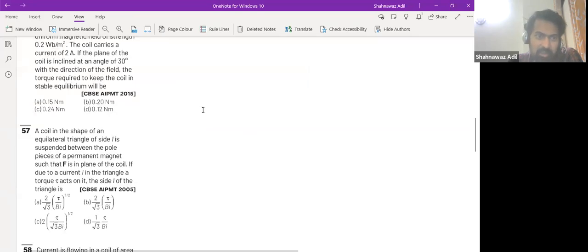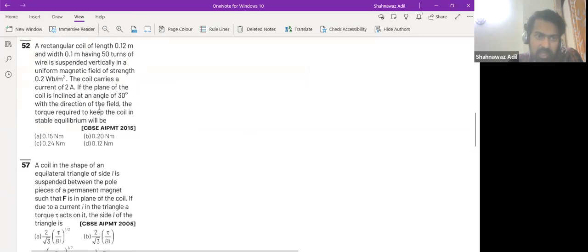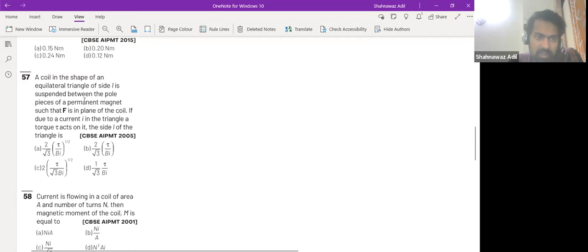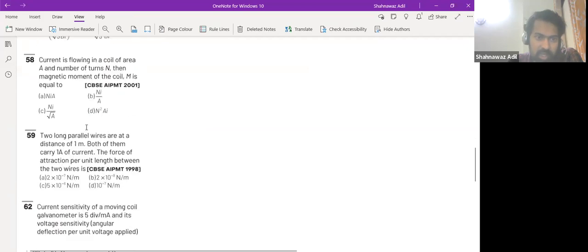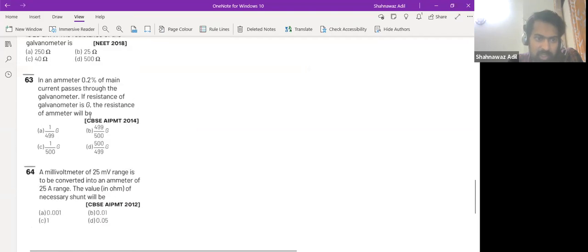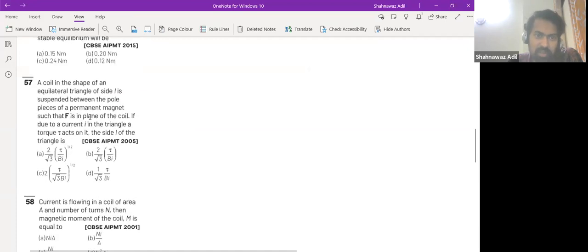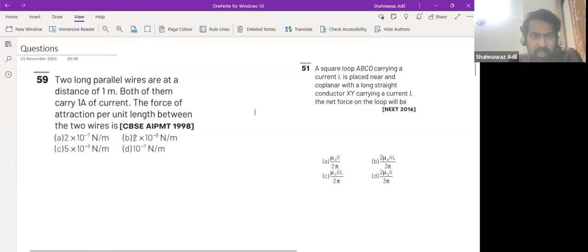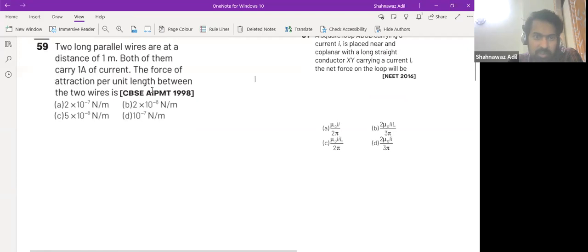So we have this rectangular loop. Please calculate this first and then we'll do other problems. Tell me how much you guys are getting.